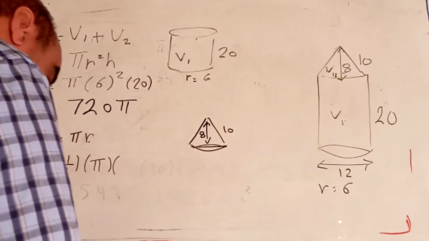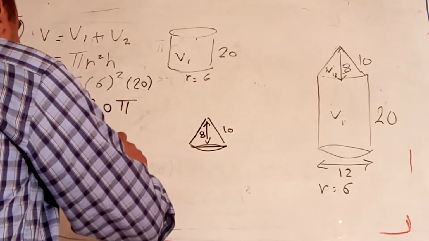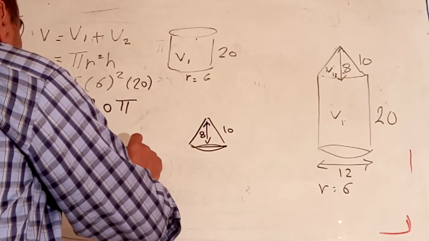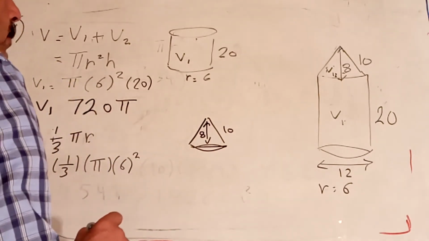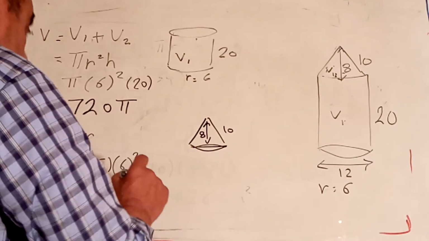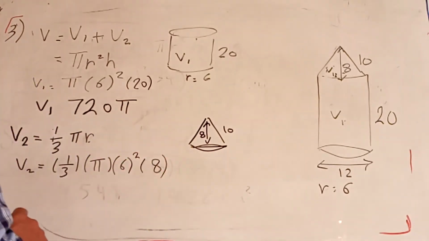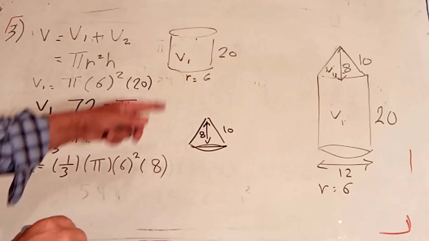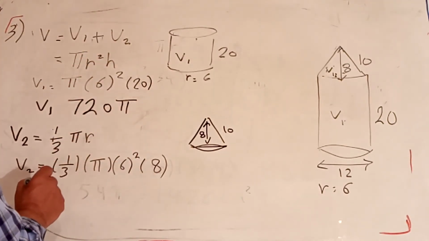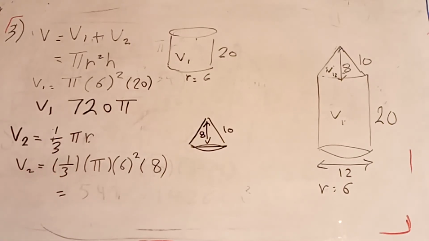Volume 2 is one third by r squared multiplied by h. This is the area multiplied by the height h. So V2 is equal to 96 pi.